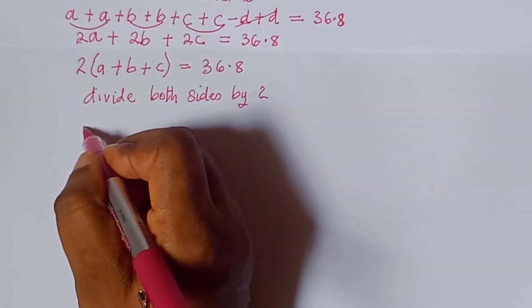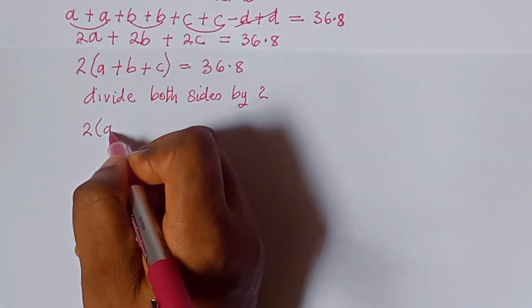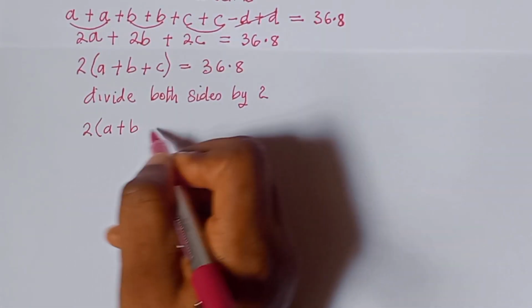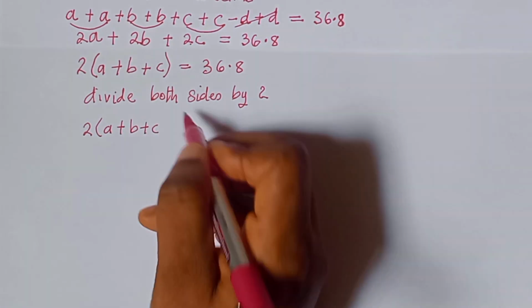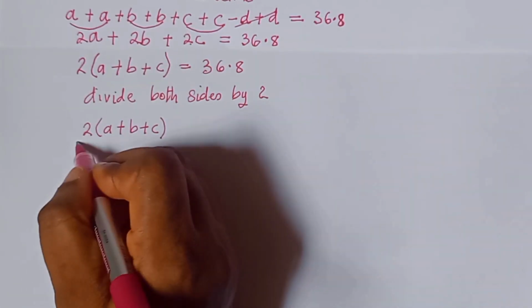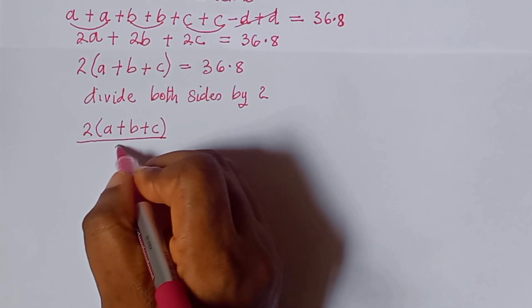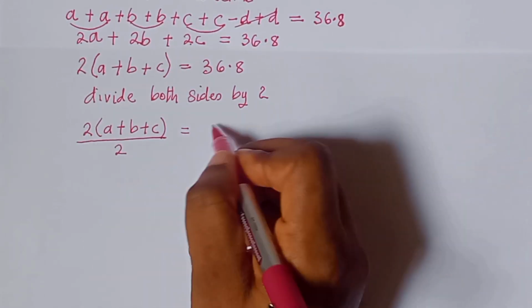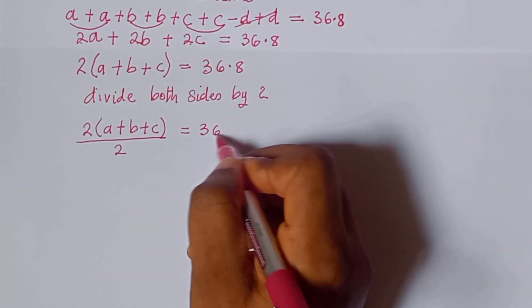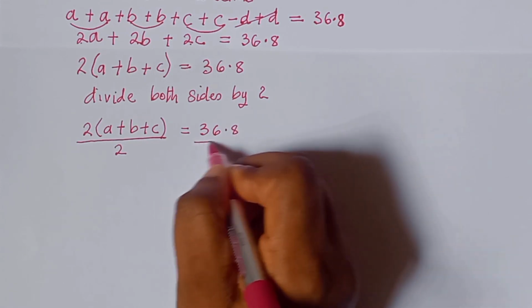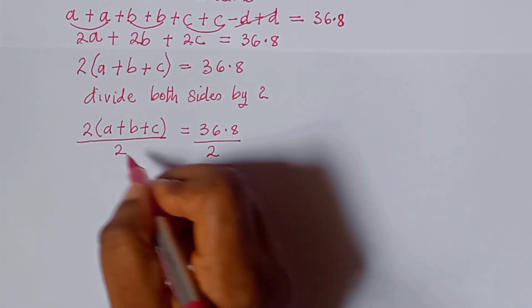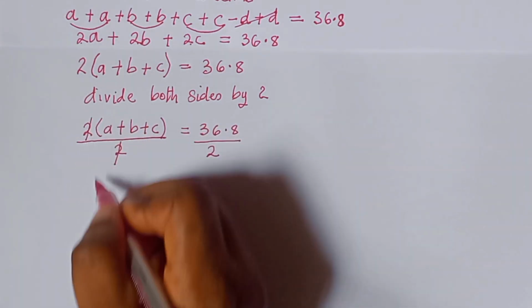Okay, so we have 2 into A plus B plus C all over 2 equals 36.8 all over 2. So this and this is gone.